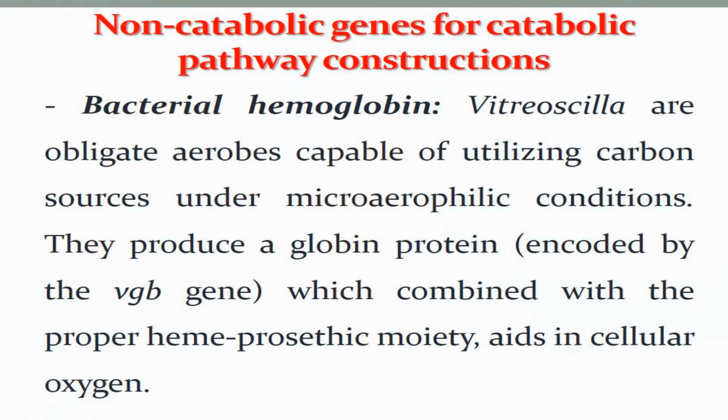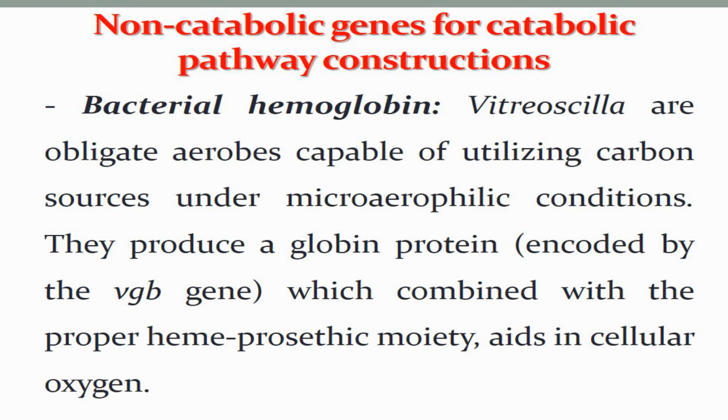Bacteria such as Vitreoscilla are obligate aerobic bacteria able to utilize a carbon source under microaerophilic conditions. Microaerophilic conditions means these bacteria need a lesser amount of oxygen for growth. So this bacterium is able to produce a globin protein, or blood protein, encoded by the VGB gene.